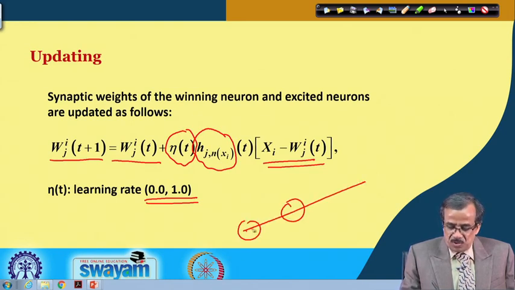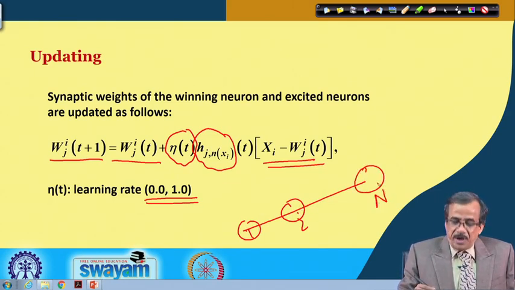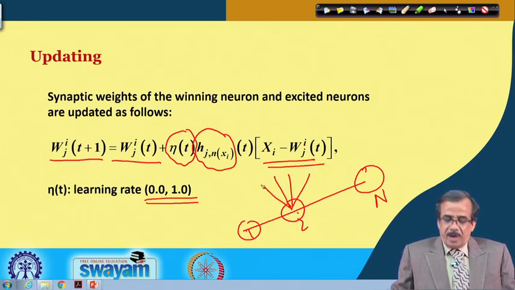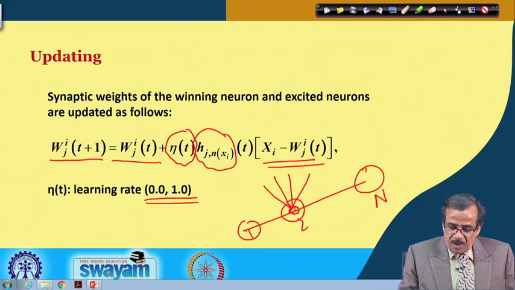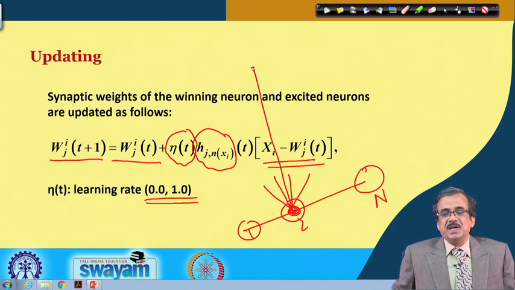This is the first one, this is the ith one, and this is your nth one. Corresponding to this ith one we are going to get the updated one, and ultimately I will finally get one connecting weight something like this, that is the modified winner.